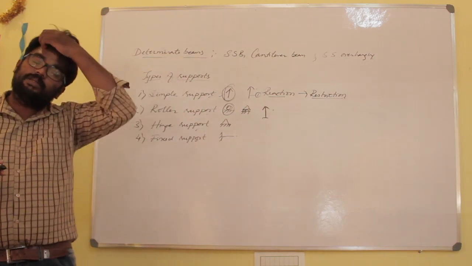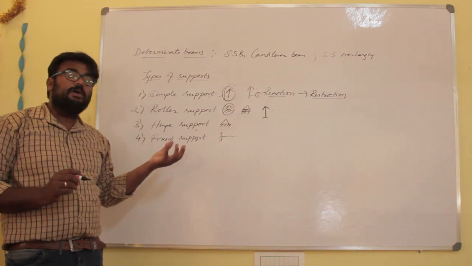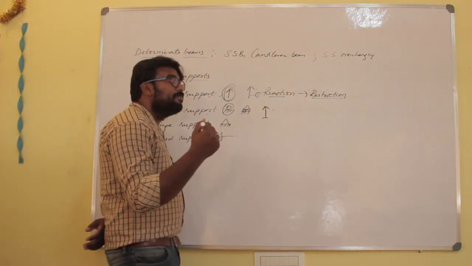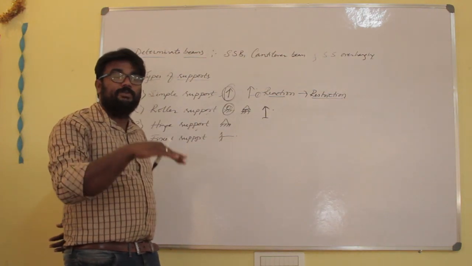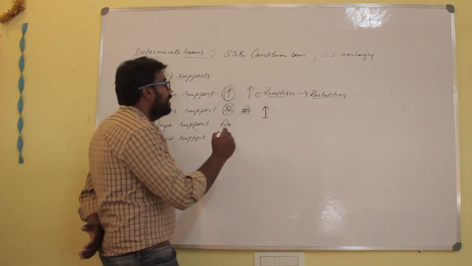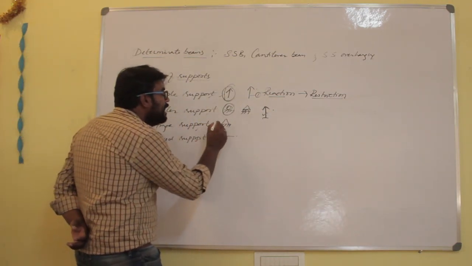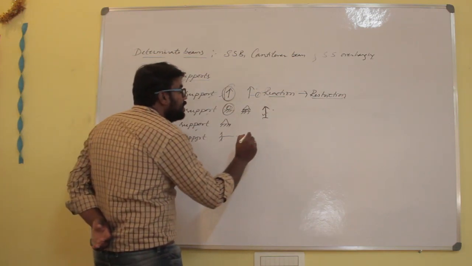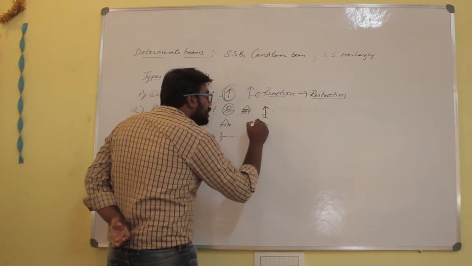The best example for a roller support is the support provided at the bottom of a roller chair, which will allow movement along the horizontal direction as well as rotation, but will not allow vertical movement. Similarly, a hinge support will develop two reactions, both vertical as well as horizontal.